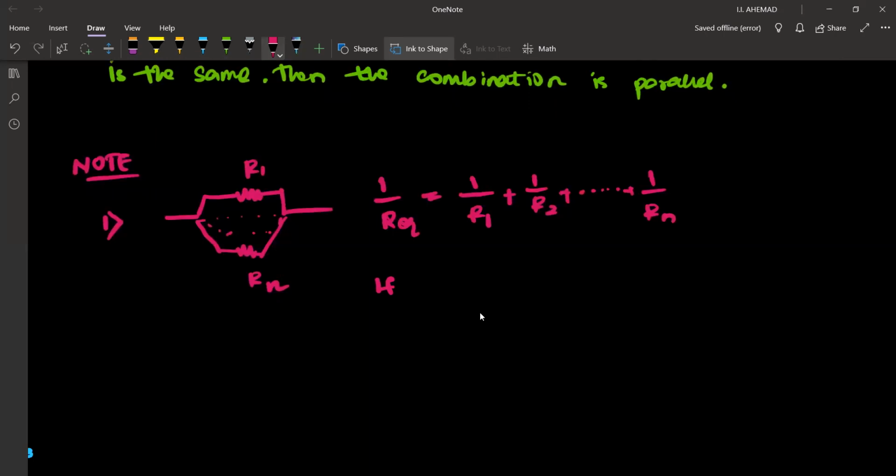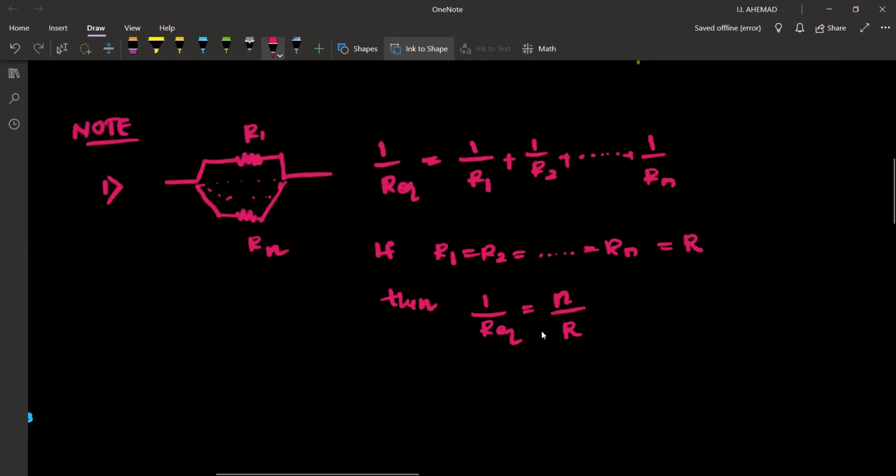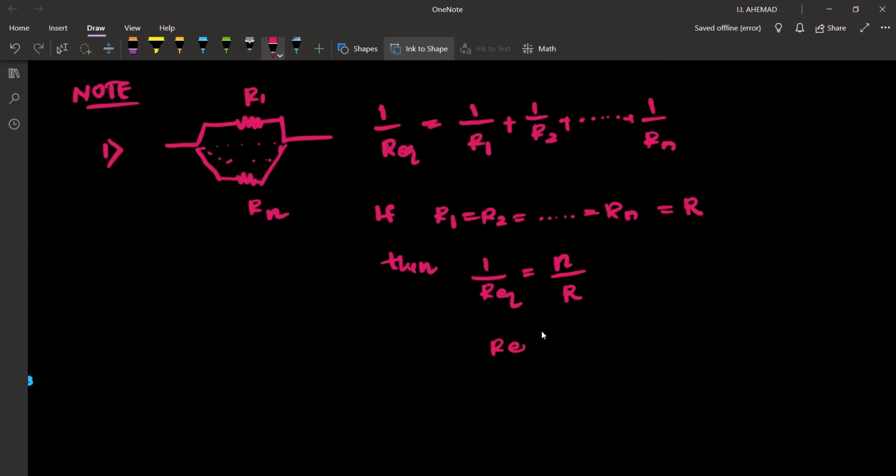If R1 equals R2 equals so on until Rn, then 1 over R equivalent is equal to n over R. So R equivalent is equal to R over n. Did you get this idea?